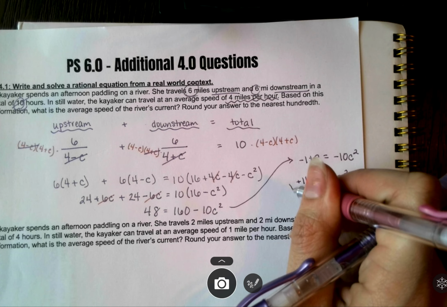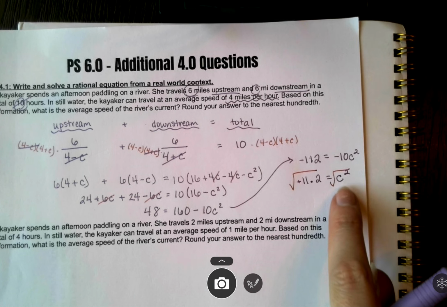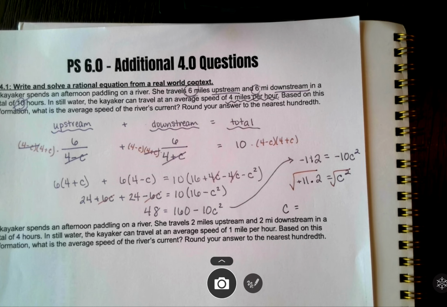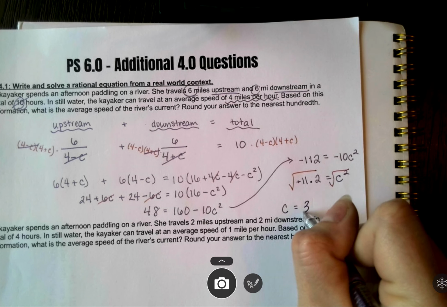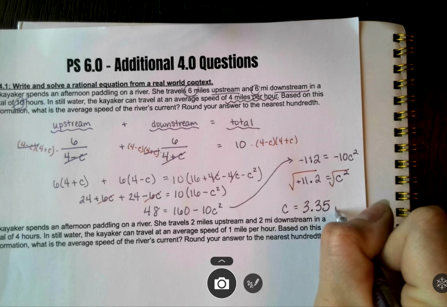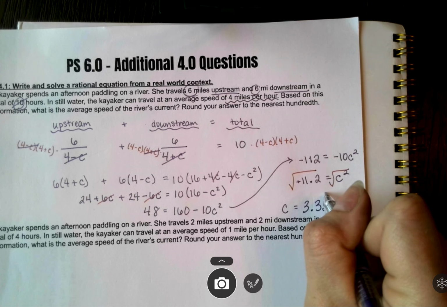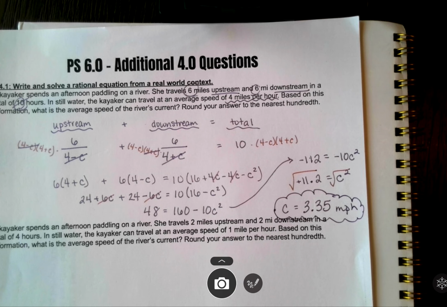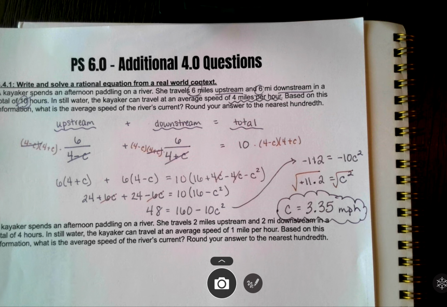And then I just want to take the square root to solve for c. So when I do that in my calculator, I get about 3.35 miles per hour. So the current is going at about 3.35 miles per hour. So you can use this example to help you with the other two on the sheet.